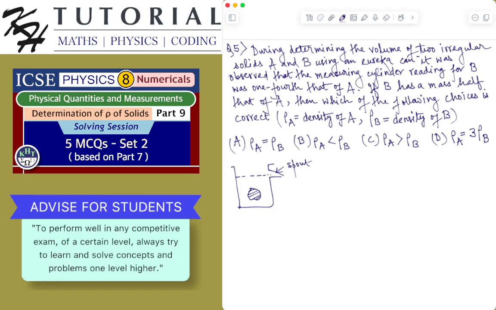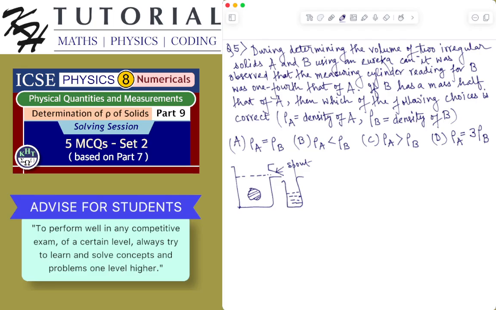Since the Eureka can is already filled, the displaced water will come out from the spout, and that displaced water is collected in a measuring cylinder kept just below the spout. The reading of the measuring cylinder is the volume of the water displaced, which is equal to the volume of the body. So this is the concept of the Eureka can.